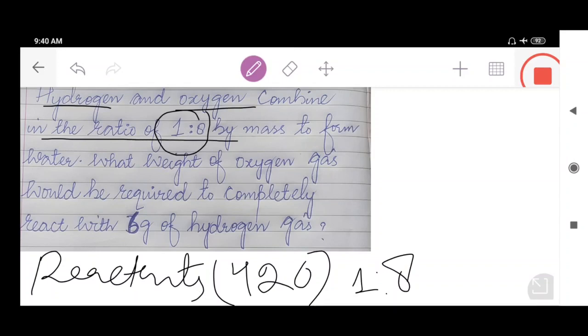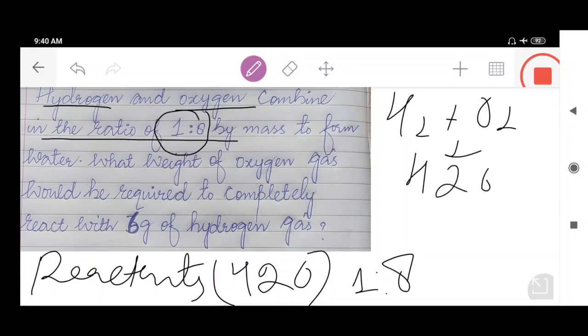So to form water, H2 plus O2 reacts, and they combine in the ratio of hydrogen 1 part and oxygen 8 parts. That's why it is 1:8 parts by mass to form water. What weight of oxygen gas would be required to completely react with 6 grams of hydrogen gas?